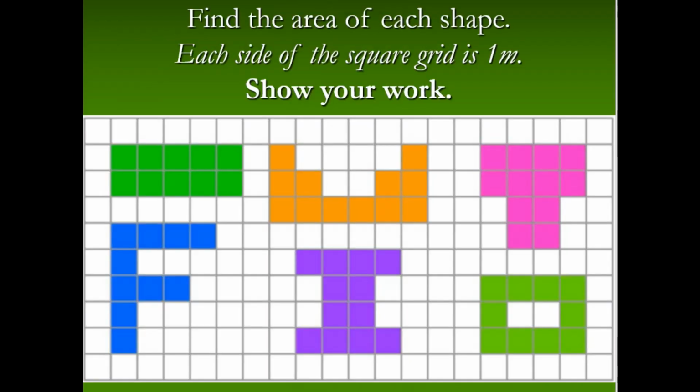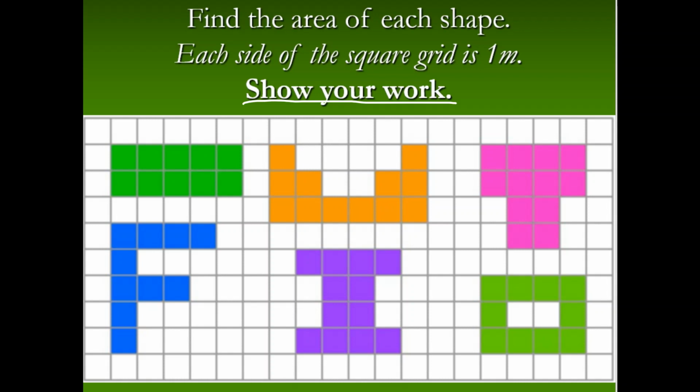I've gone ahead and added a third bonus activity. This one's going to be a lot more challenging. So if you found the other two bonus activities easy, hopefully you'll find this one to be more challenging. I've put this grid up here, and what I want you to do is find the area of each shape. Each side of the square grid is 1 meter. Show your work.